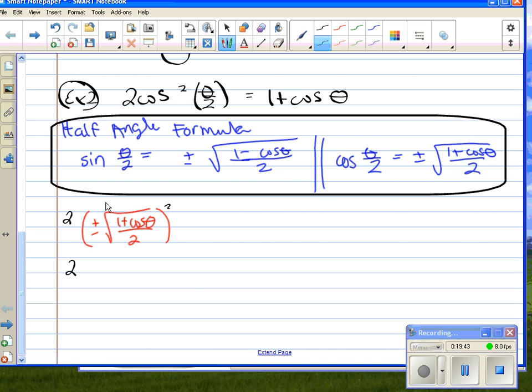I heard some people asking about the plus or minus thing. Anytime you square something, whether it's positive or negative, doesn't matter. It's always going to come out to be positive, right? So basically that square root sign just gets canceled out. Still have the 1 plus cosine theta over here.